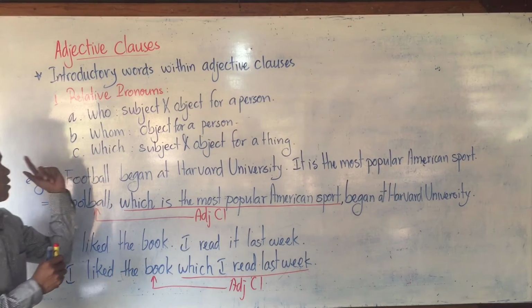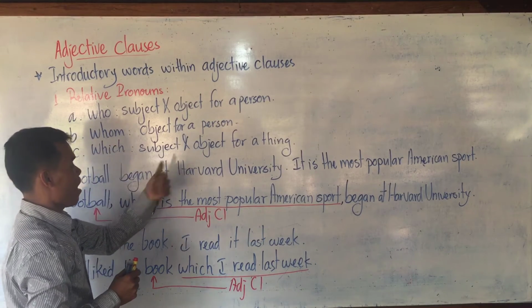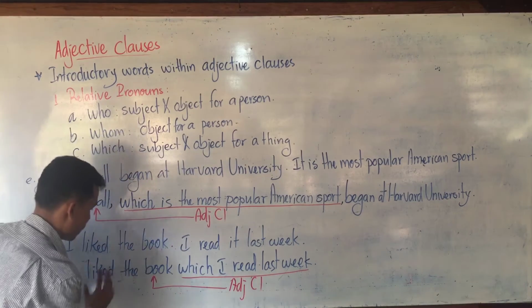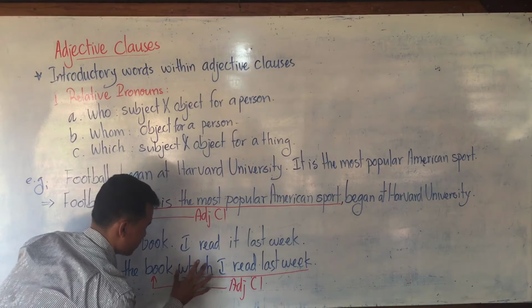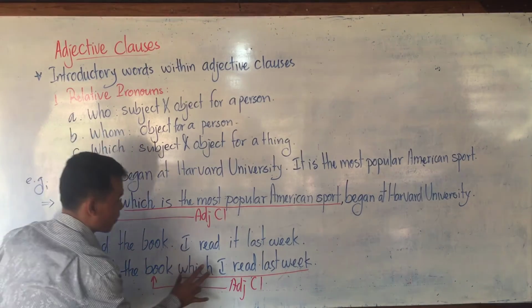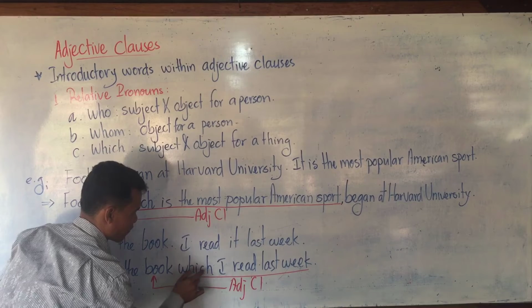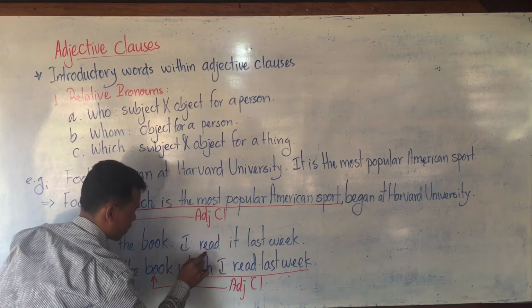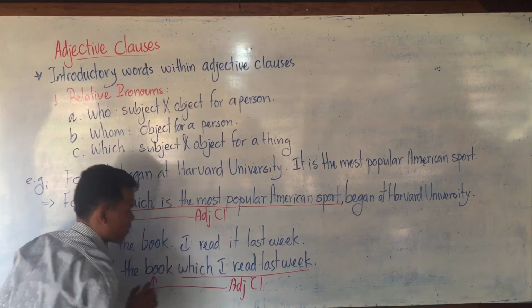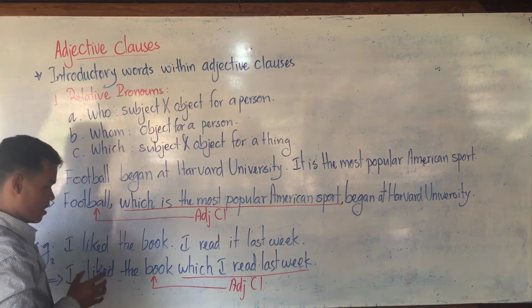Again, which can be subject and object. What is the function of which here? In the first sentence, which replaces it. So it here is the object of read. That's why which here is also object.